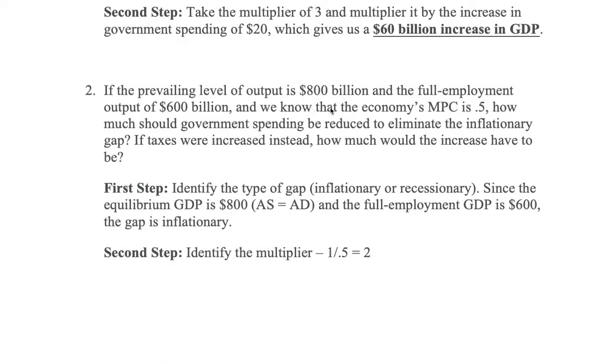An inflationary gap occurs when equilibrium GDP, 800 billion, is greater than full employment GDP of 600 billion. I'm going to repeat that. How do we identify an inflationary gap? When equilibrium, 800, is greater than full employment.